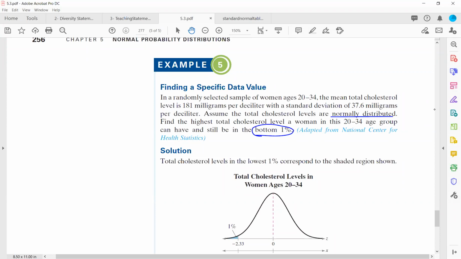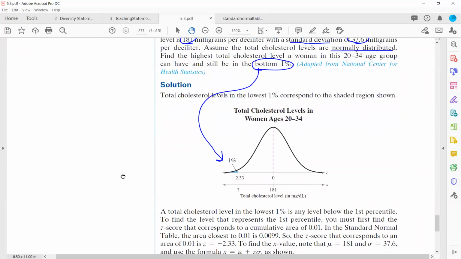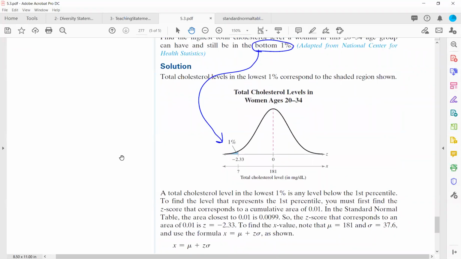So what's given? The mean is given. Standard deviation is also given, and we know that it is normally distributed. Bottom 1% is the key here. First of all, we're looking at the area on the left-hand side. So the area is given, 1%, which is 0.01.